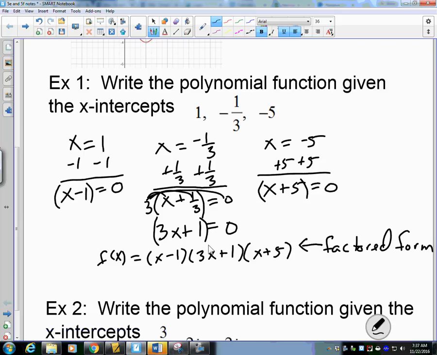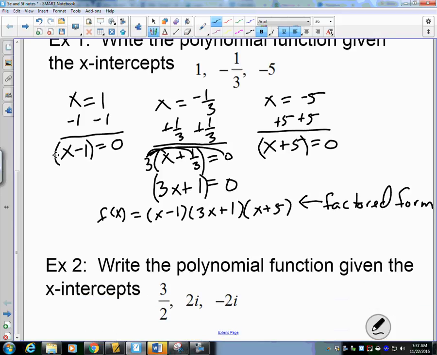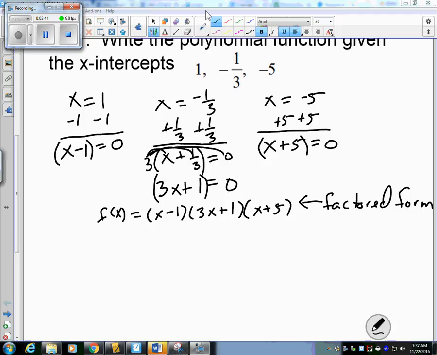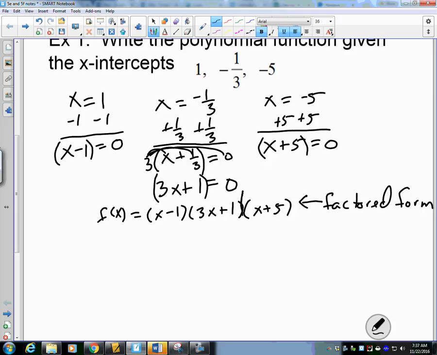So to multiply it out, to be in polynomial form, you take two factors and multiply them together. So what I do is I just put a little line here to just kind of focus my attention on the first two factors.